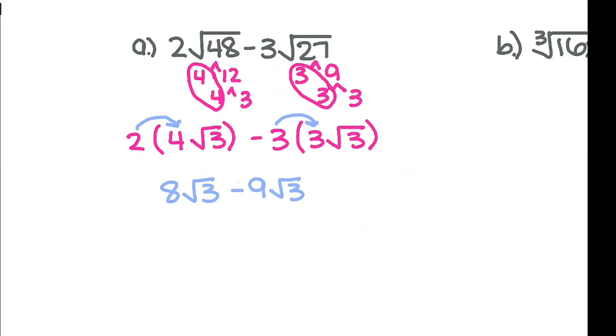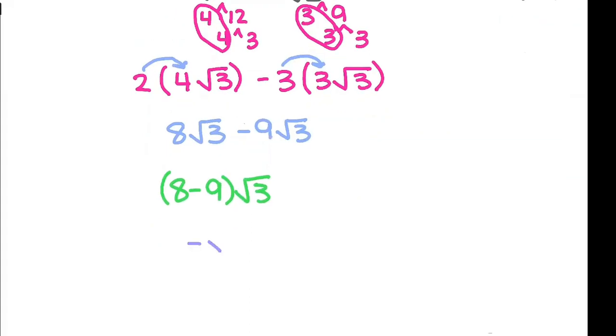Your index is the same, you're taking the square root for both, and both of them are the square root of 3. So keep the square root of 3 and combine what's in front of them. You're doing the 8 minus 9, and you're keeping the square root of 3. 8 minus 9 is -1, so that is just negative square root 3 for your answer.